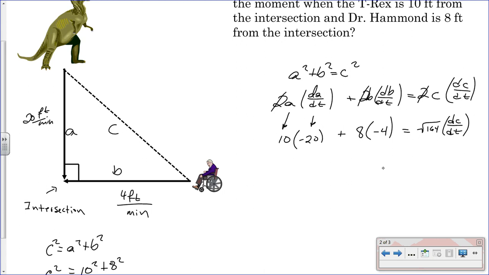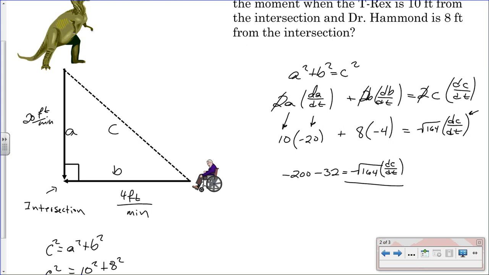Now we only have one variable left, dC dt, so all we have to do is simplify this. Negative 200 plus 8 times negative 4, which is negative 32, equals the square root of 164 dC over dt.